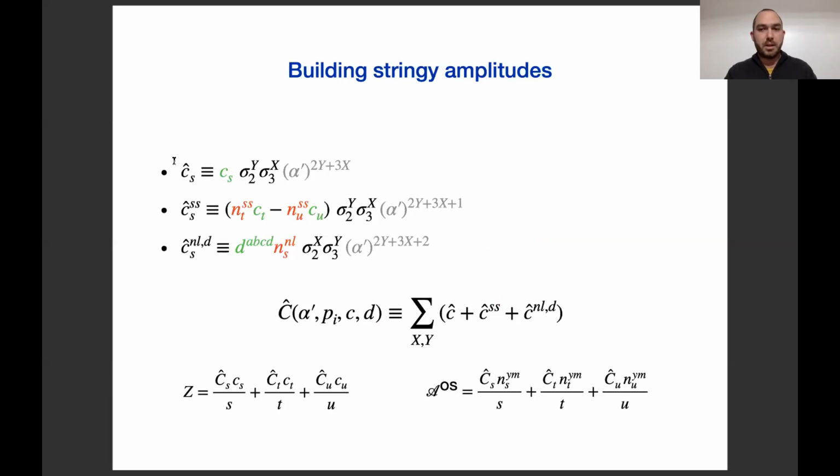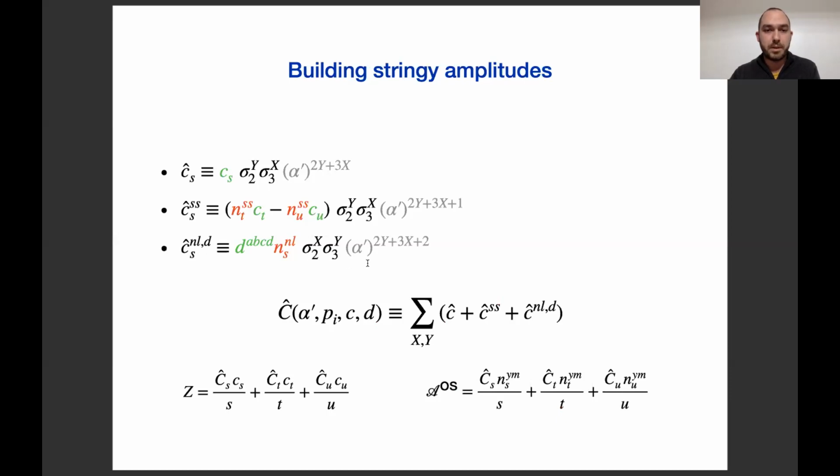So we basically have just 3 types of solutions. First is the simplest one, where you just take a color factor and you address it with kinematic permutation invariance. And here I've just added an alpha to match the mass dimension. Next, you have this composition between color factor and BCJ kinematic numerator, again, dressed in the same way.